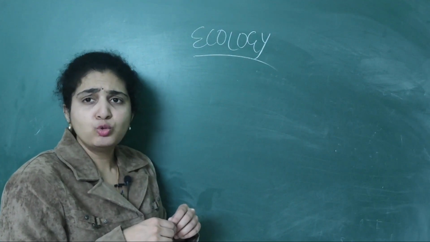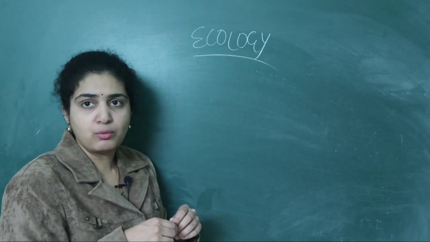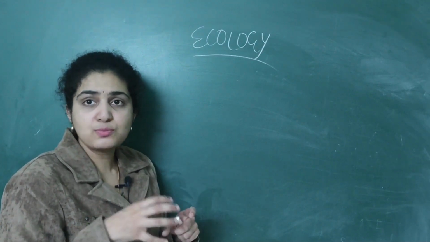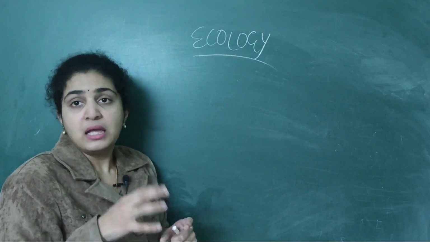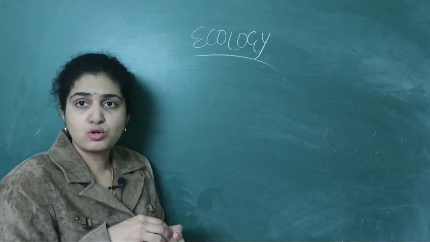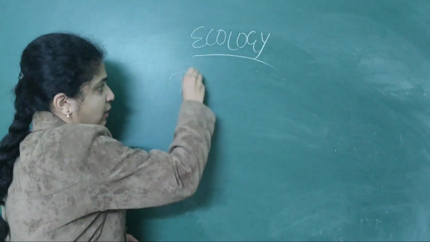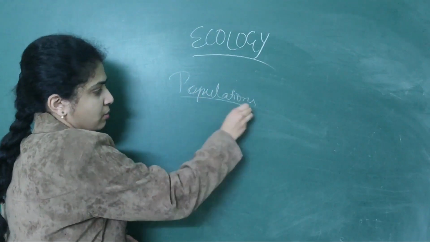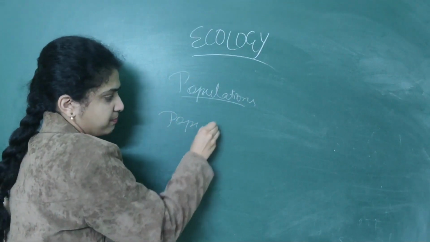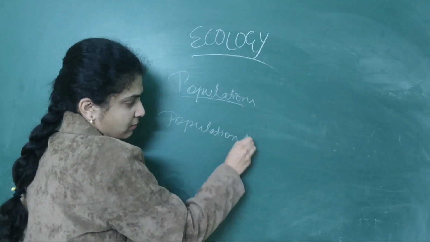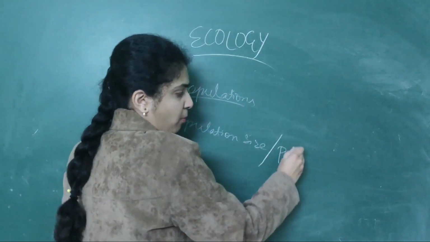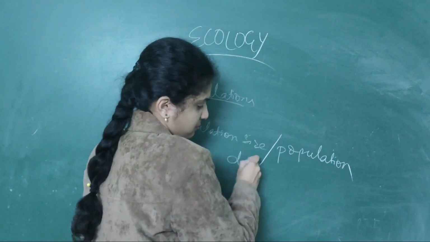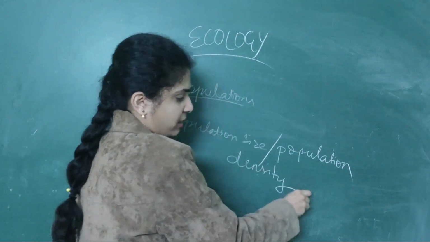Then next, numerous plants are usually found in a specific area. So that's why numerous, we say it as population size. Here population size is also important in the populations topic. Population size or population density plays an important role.